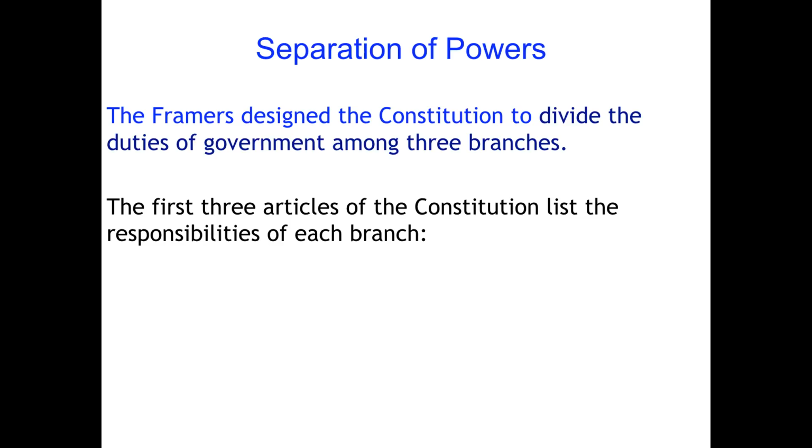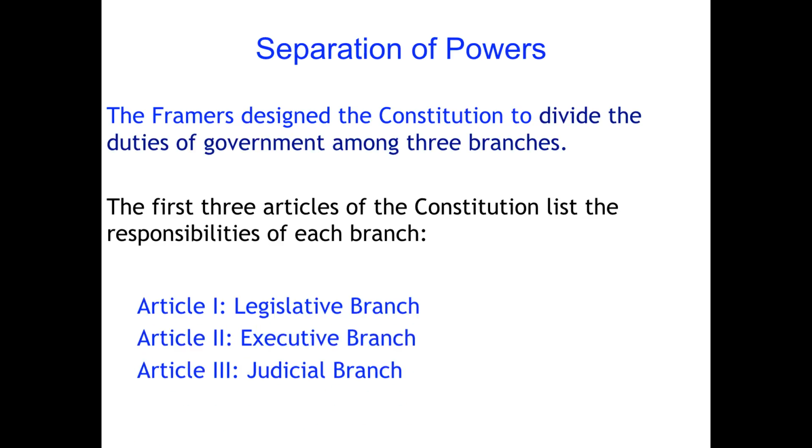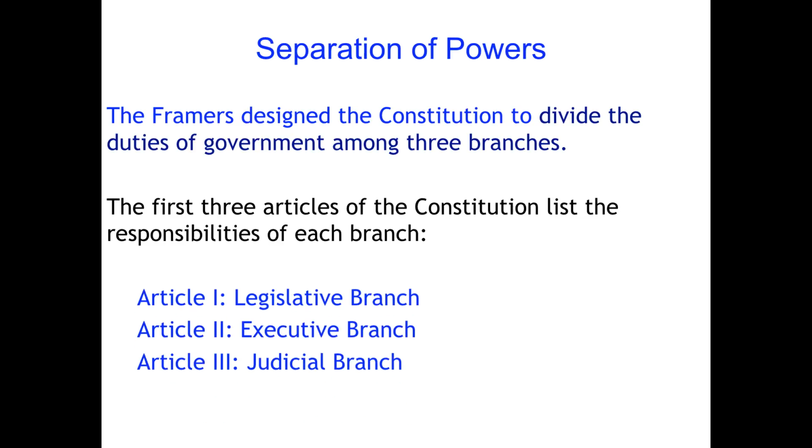There's no mention of lesser courts, though the founders said the legislative branch has the right to establish those lesser courts, and it did with the Judiciary Act of 1790. So Article 1, Legislative Branch, Article 2, Executive Branch, Article 3, Judicial Branch. You guys have done the summer work.